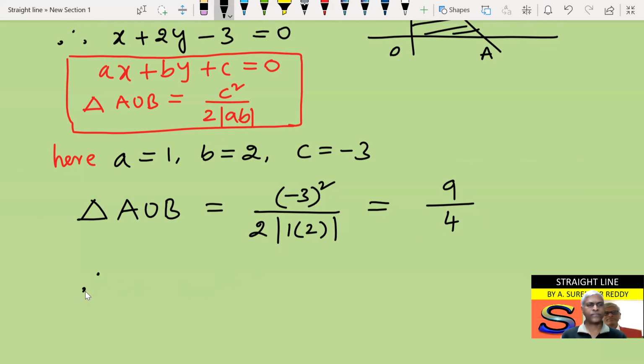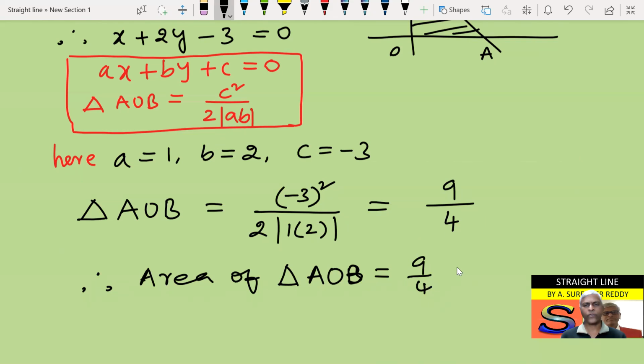So therefore, the area of triangle AOB is 9 by 4 square units.